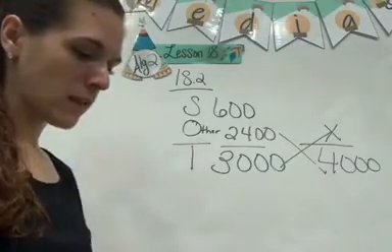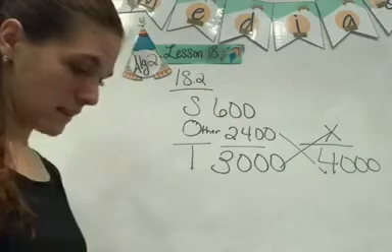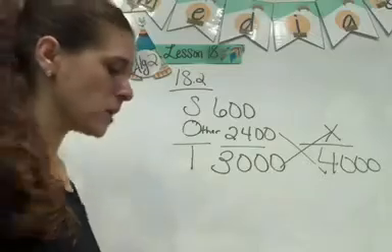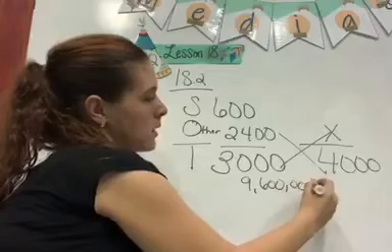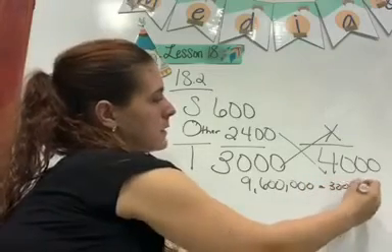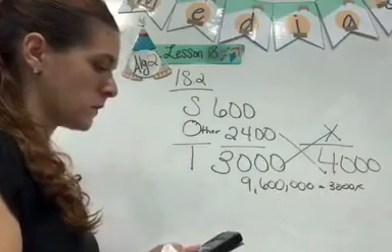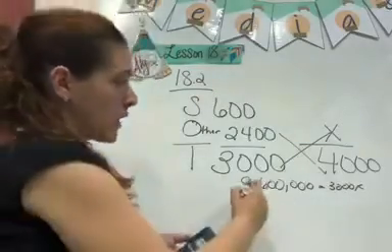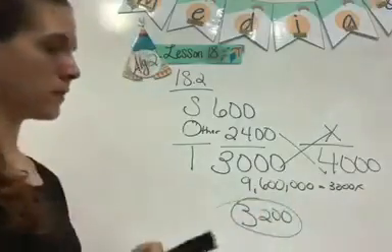I'm not going to even try to do anything in my head this time, because every time I mess it up. So it means 9,600,000 equals 3,000x. So divide by 3,000. 3,200 is your answer. Okay, so there you go.